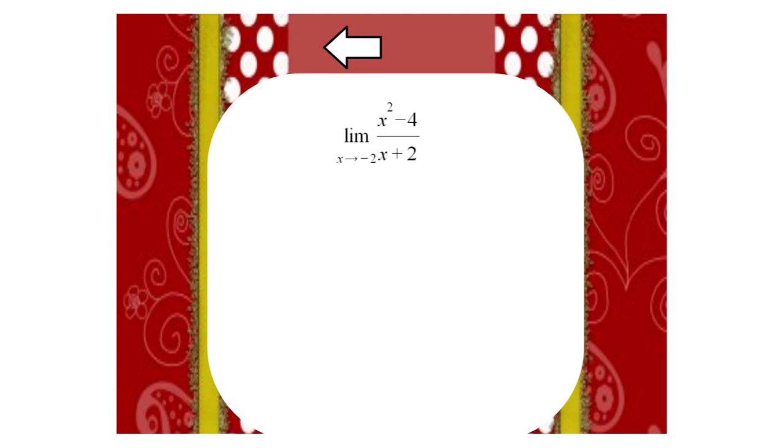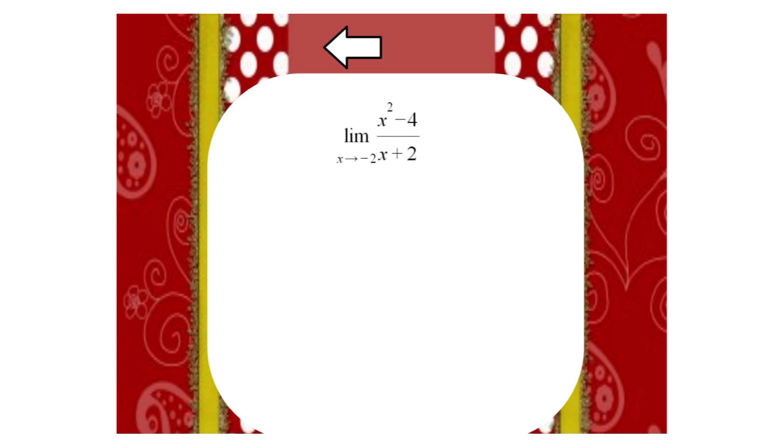On this one, when we try to do direct substitution, plugging a -2 in for x is going to get us a 0 in our denominator. So we want to look at another algebraic strategy, some way to reduce this that maybe would allow us to do that direct substitution. And it is a fraction, but it's not one where you have two fractions and you're trying to get a common denominator. Really, this is more of a factoring one.